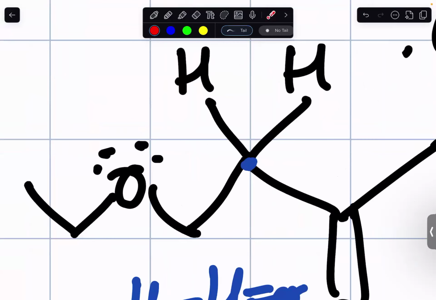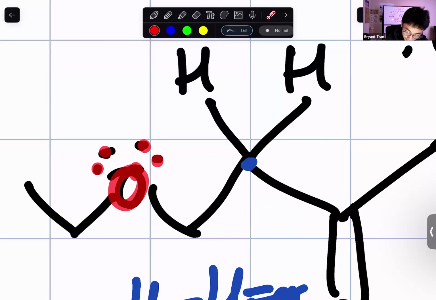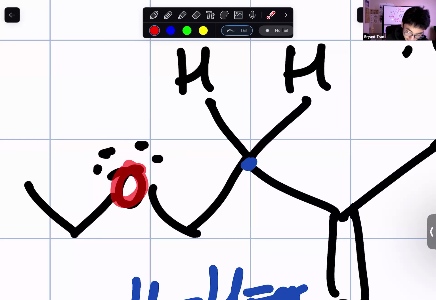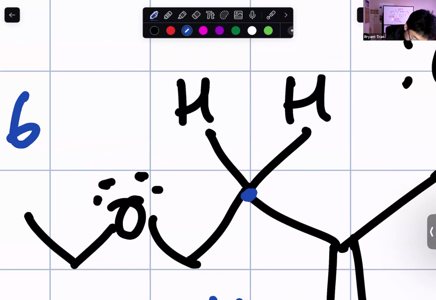But when you think about pairs of electrons, all those electrons belong to that atom right there, because there's no other atom sharing these electrons. So the oxygen is on the 6th column of the periodic table, so it wants 6 electrons.